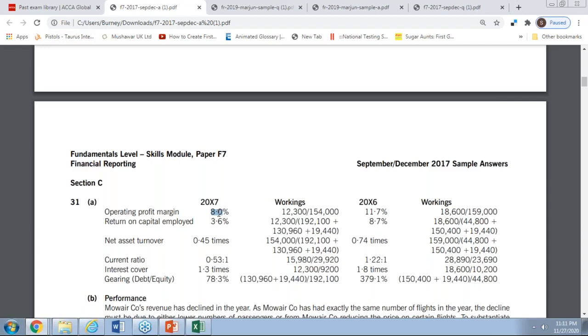The second thing is the company must have charged the amortization of the intangible assets for the 3 months. So that will be one of the reasons for the operating cost increasing because of the amortization.